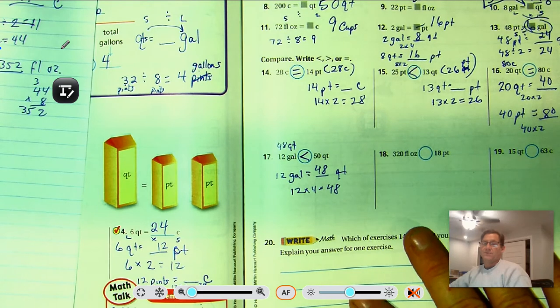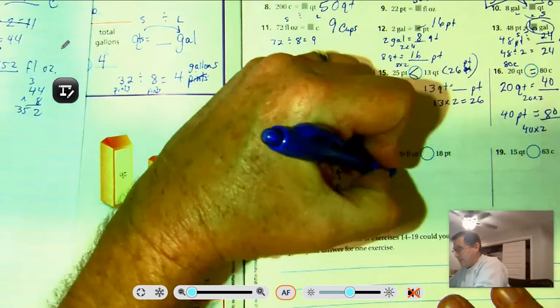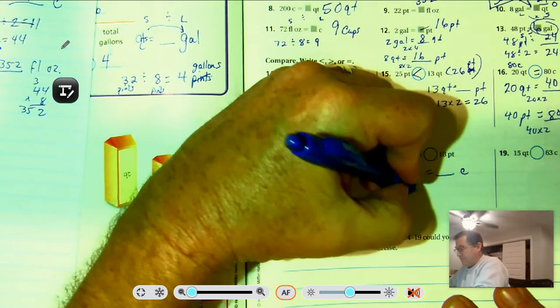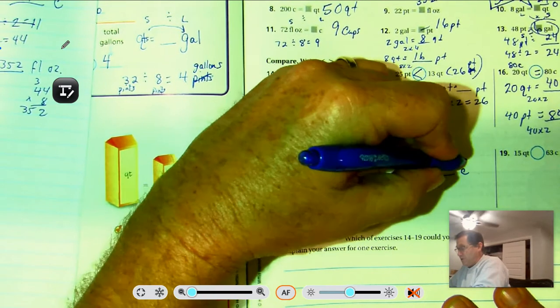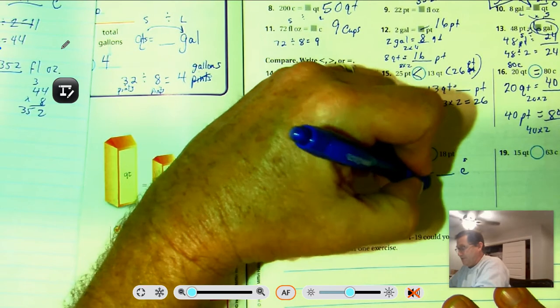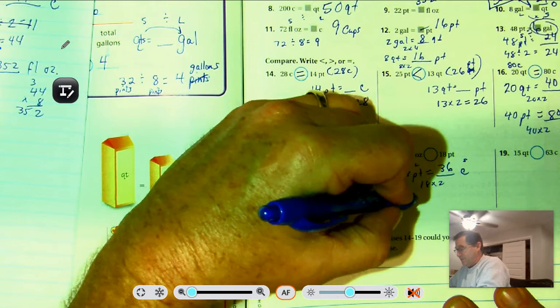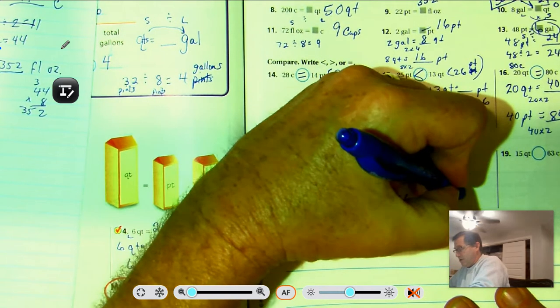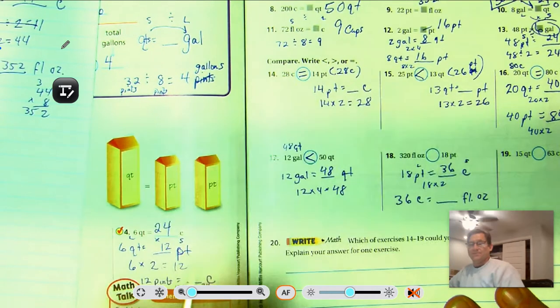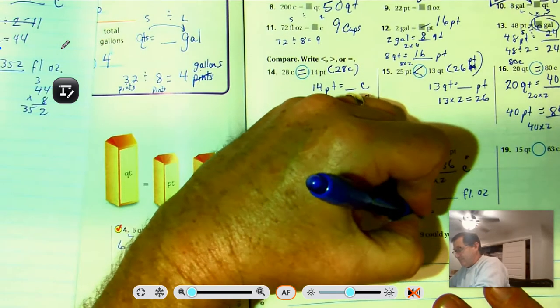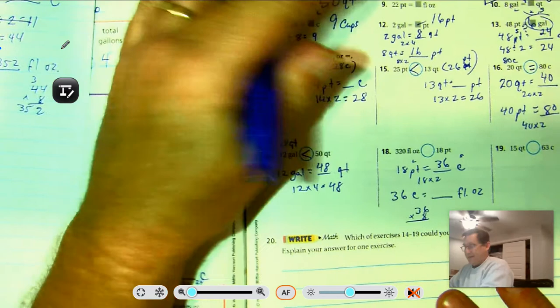320 fluid ounces compared to 18 pints. I want to turn the 18 pints into cups. So going from larger to smaller, 18 times 2 is 36 cups. 36 cups is how many fluid ounces? 36 times 8. 8 times 6 is 48.